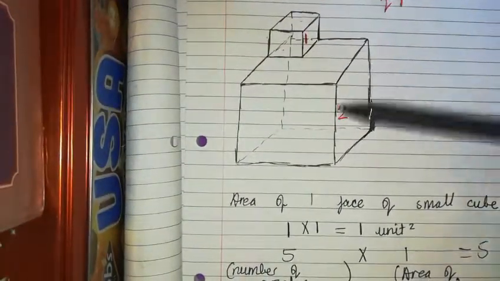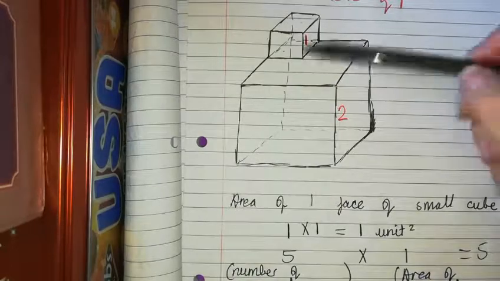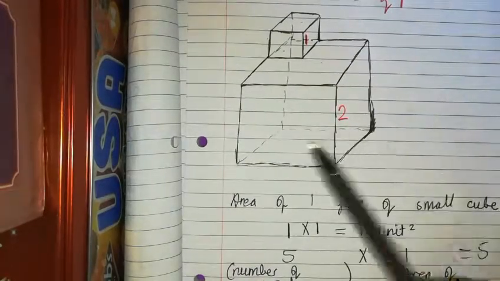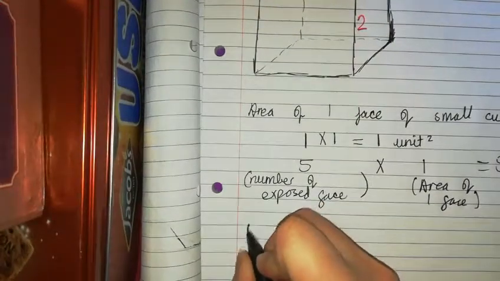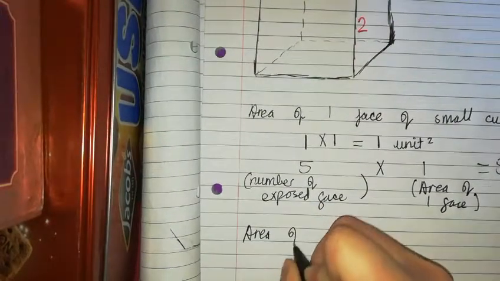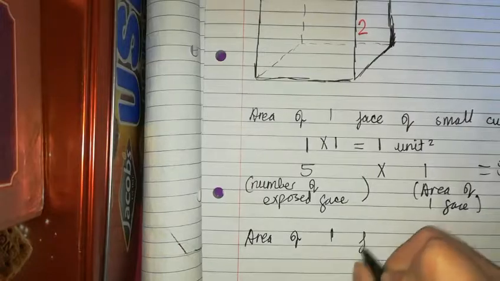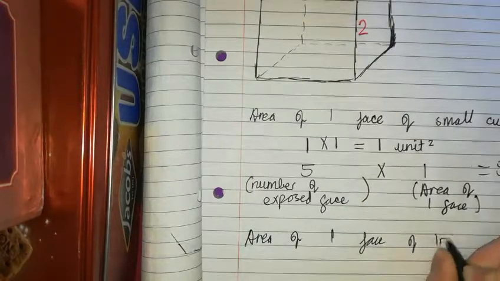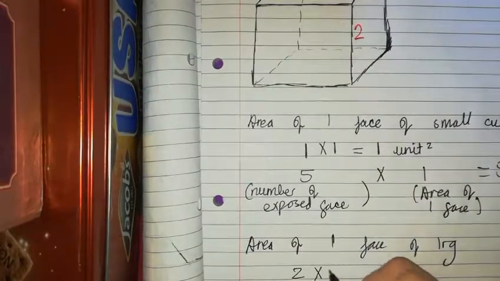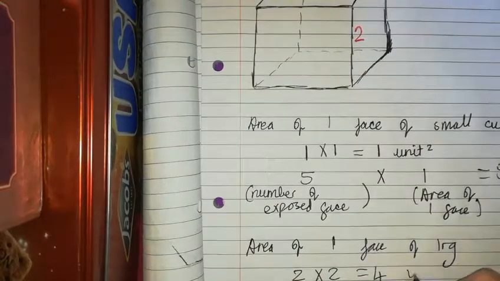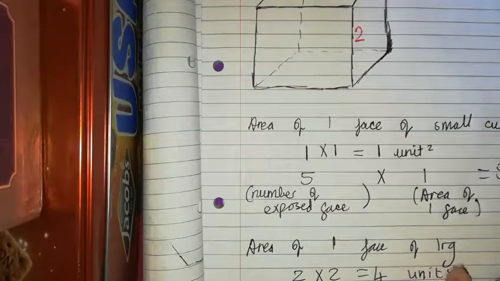I'm going to leave the top of the larger one till last, but first I'll get the area of one whole face of the larger one. The area of one face of the large cube is 2 by 2, so 4 units squared.